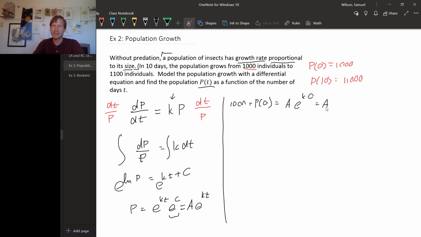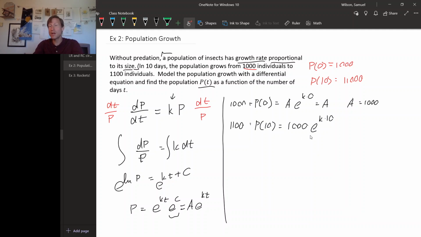And that's just A. So now we know A. A is 1,000. Okay. Using our other data point, we know that p of 10 is 1,100. We know A is 1,000. And then plugging in t equals 10, we get 1,000 times e to the k times 10.